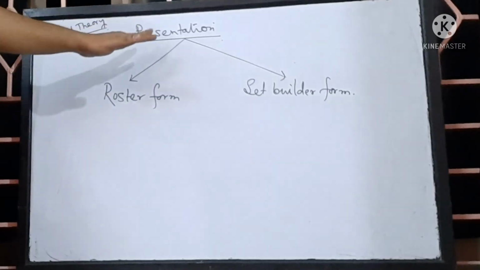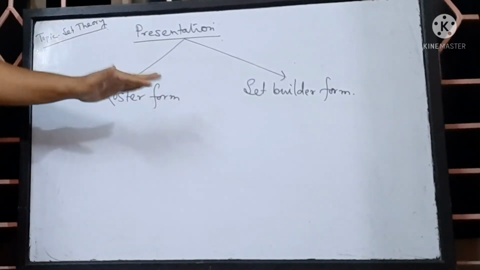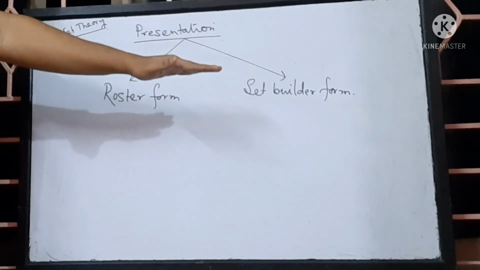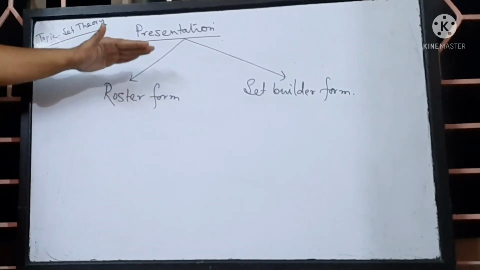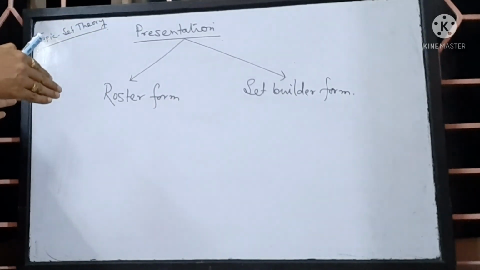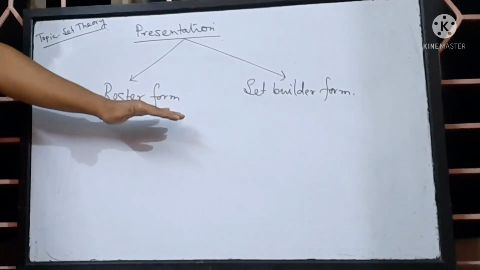Next, presentation of a set. A set can be presented in 2 forms. One form is roster form, the other form is the set builder form. Roster means the elements are usually written within curly brackets, and this form is called roster form.